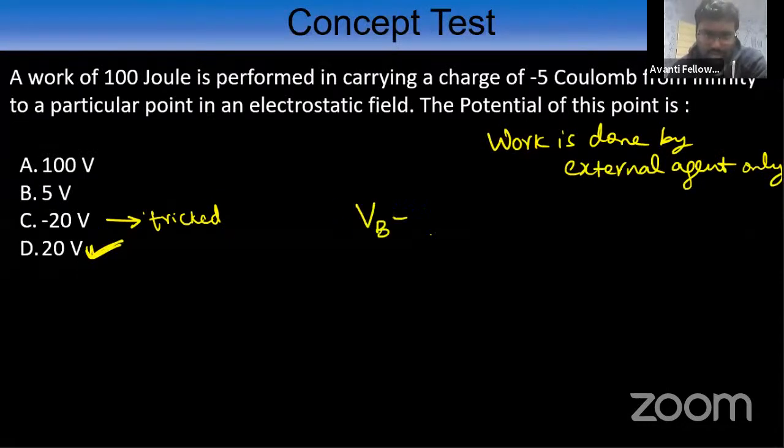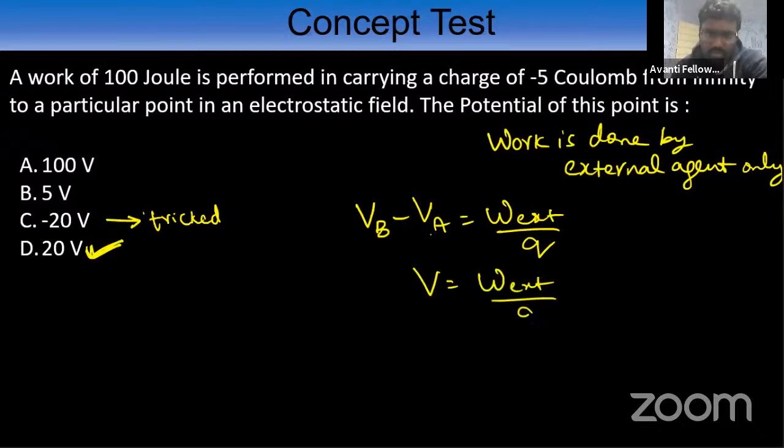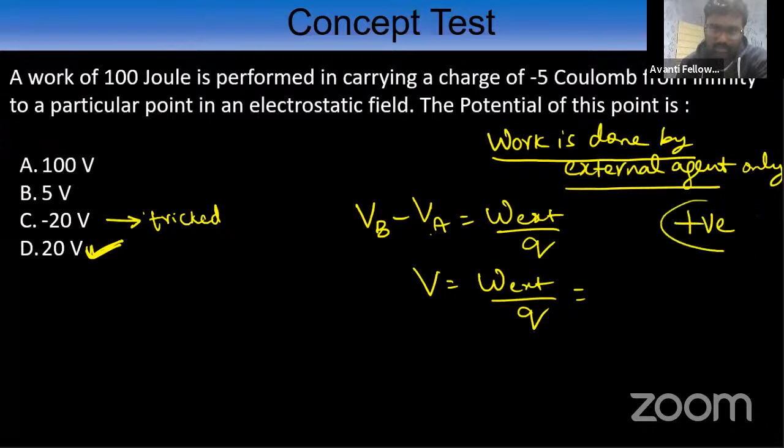We'll be discussing something called VB minus VA equals W external by Q, or V equals W external by Q. To answer this question, we'll be studying in next few concepts. Note one thing: when work is done by an external agent, when we are doing work on the system, it's always positive, irrespective of whatever the charge is.